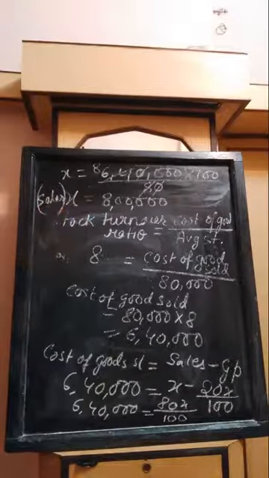I am rubbing this portion of the sum. We need to find out the profit. 8 lakh is the sales and profit was 20% of sales.